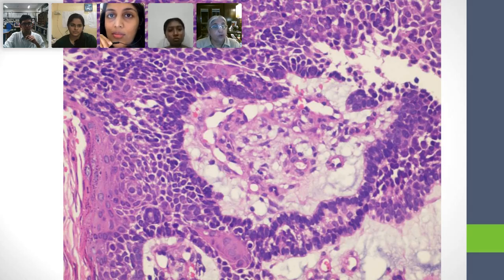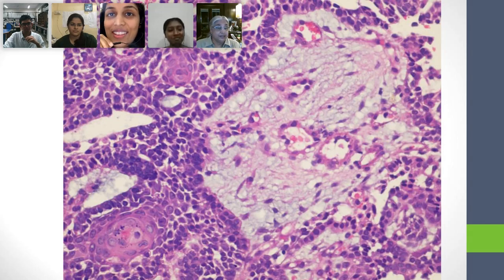Ameloblastic epithelium. Oh, so now we have ameloblastic epithelium. Look at this. You can actually see keratohyalin granules even in this group of cells. And here you see spaces lined by those same basal cells. And look at the stroma.